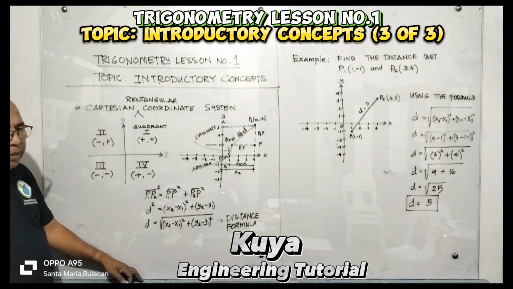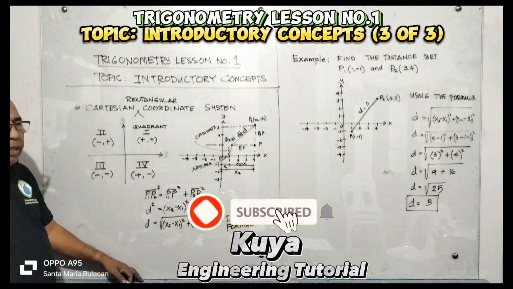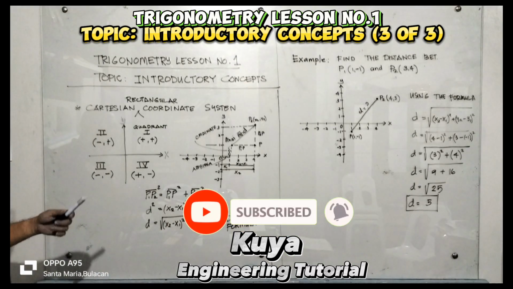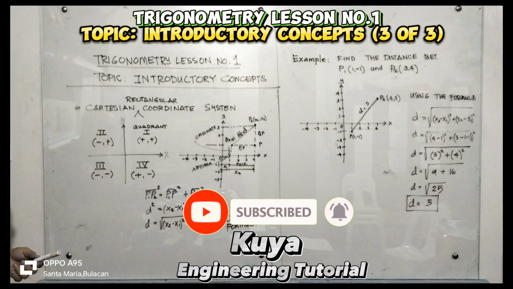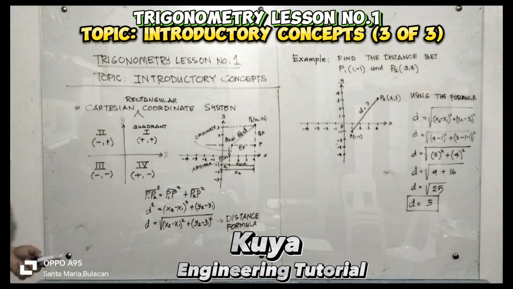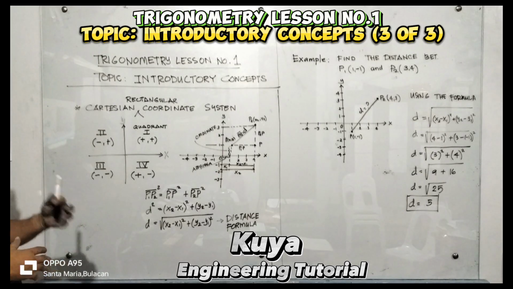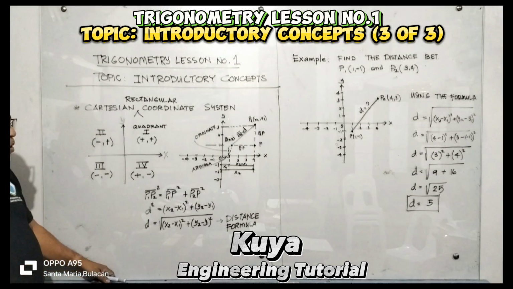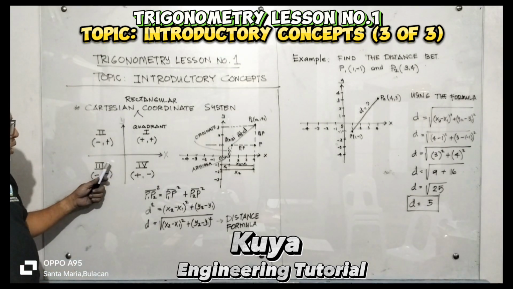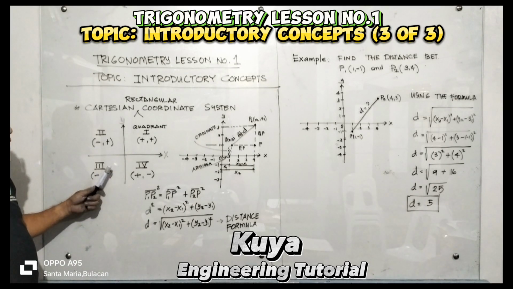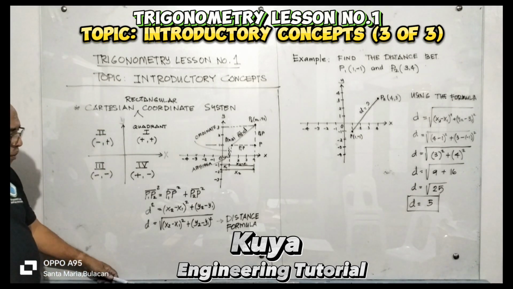Kasi sa trigonometry, minsan, kailangan natin maintindihan yung tinatawag na Cartesian rectangular coordinates kasi nagpla-plot tayo ng mga figure and we are using basically yung Cartesian coordinate system.